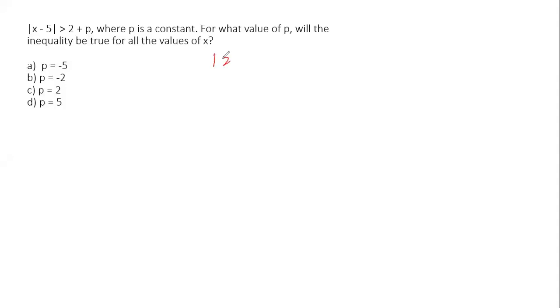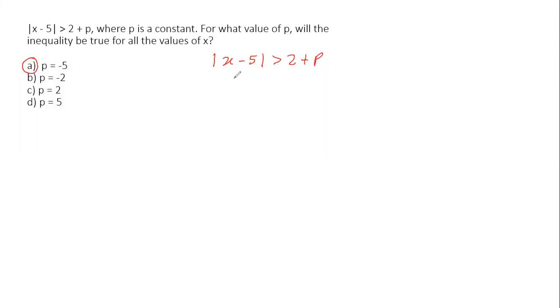If I decode the language, they're asking me for what values of p this inequality will always be true. So what should I put in place of p so that the inequality always holds true? Now guys, the answer here is A. But let's understand why B, C and D are not my answer.